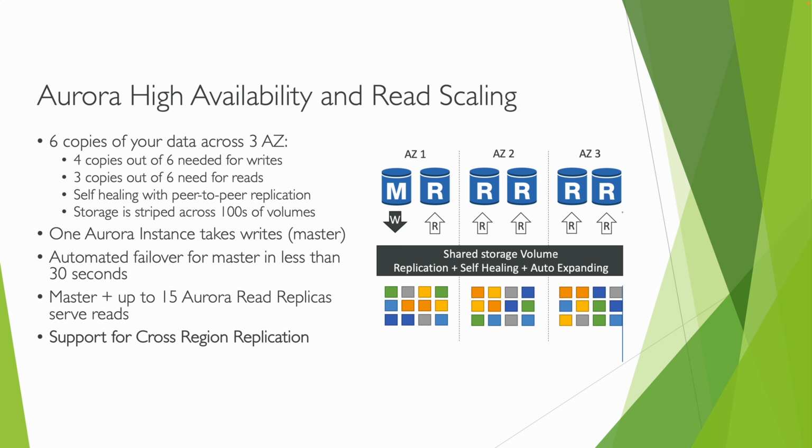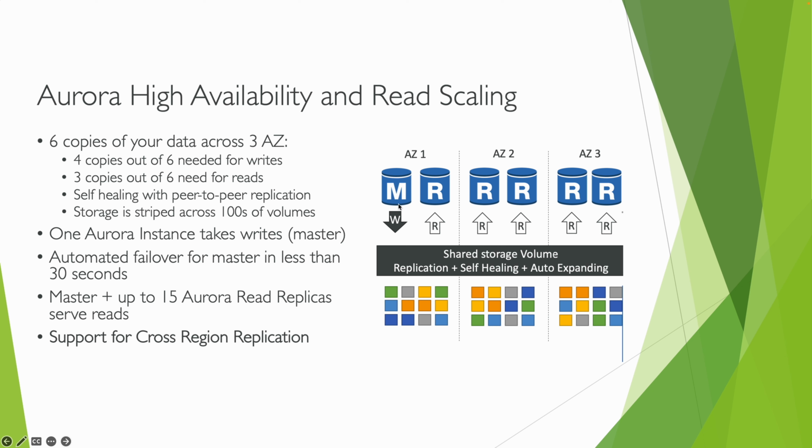Okay, so Aurora has high availability. How it works is, it keeps 6 copies of your data across 3 availability zones. That means we have 3 availability zones, and in each availability zone it will keep two copies of your database.